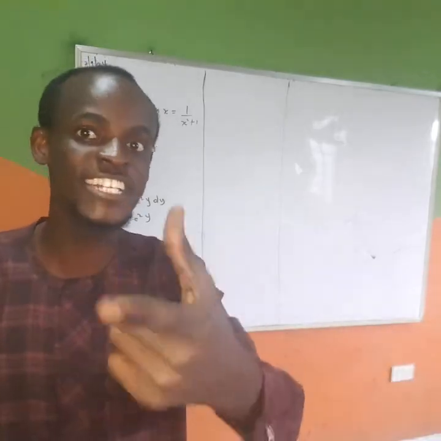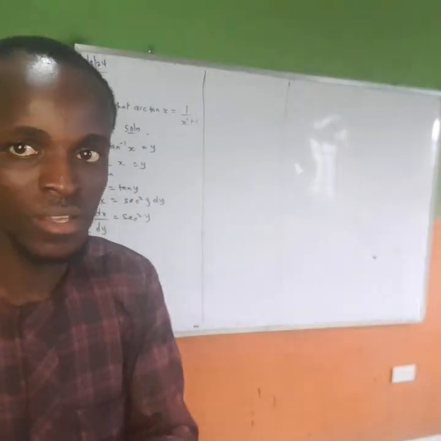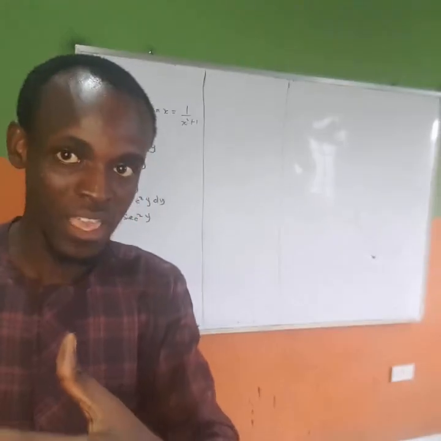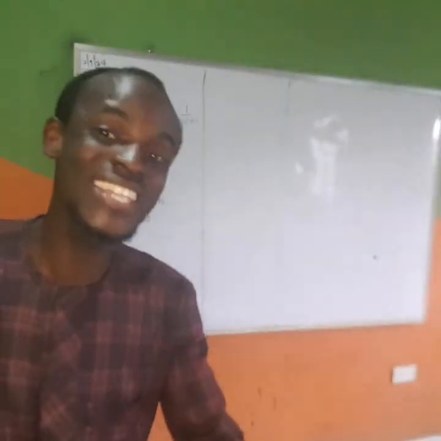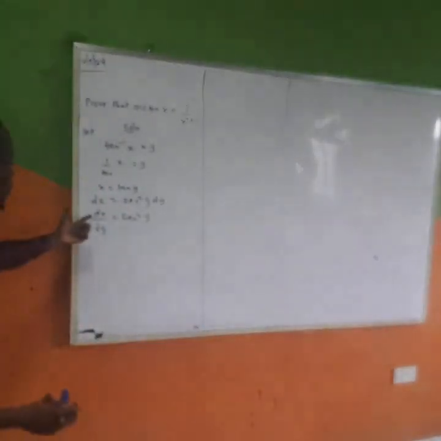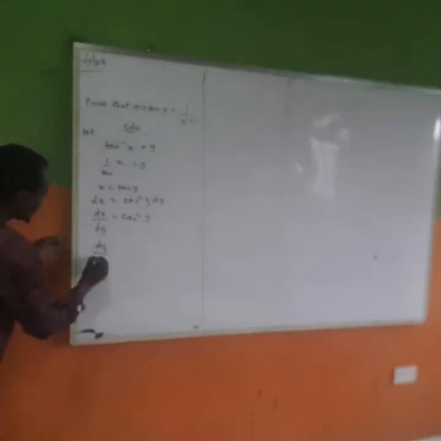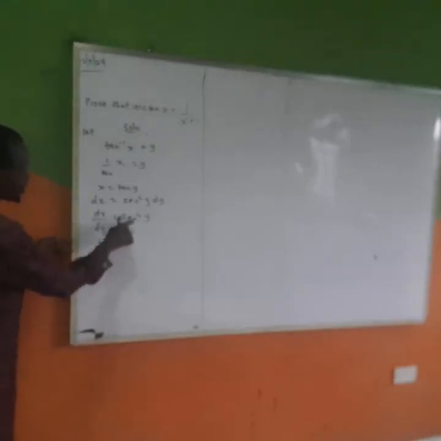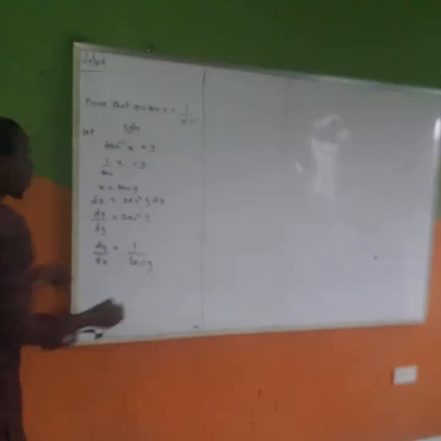So if I take the reciprocal of dx over dy, I need to take the reciprocal of sec squared y. The reciprocal of this is dy over dx, and the reciprocal of this is 1 over sec squared y.